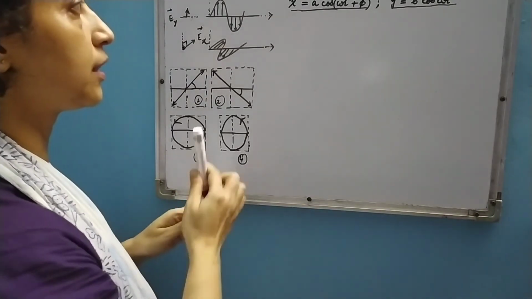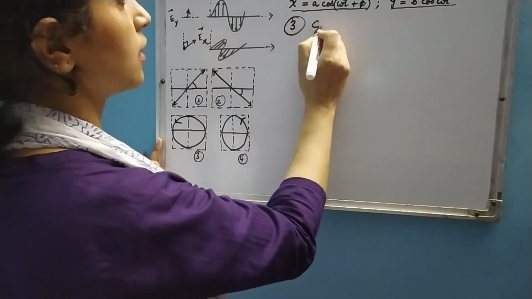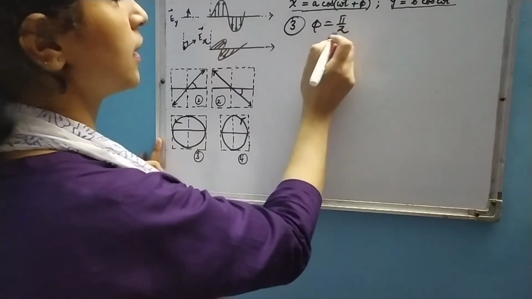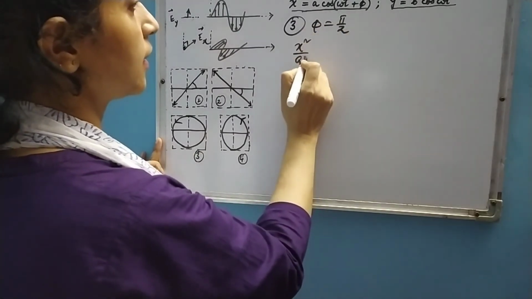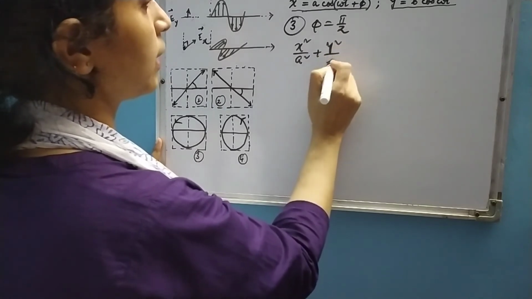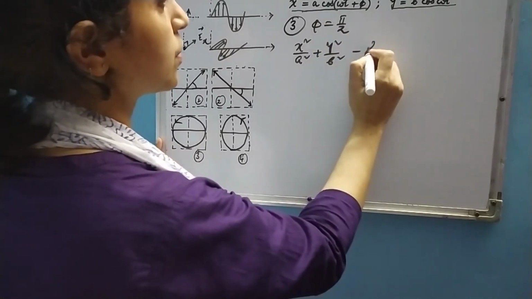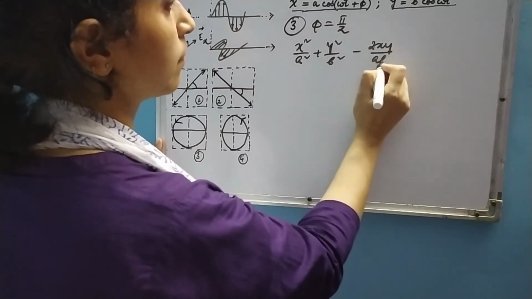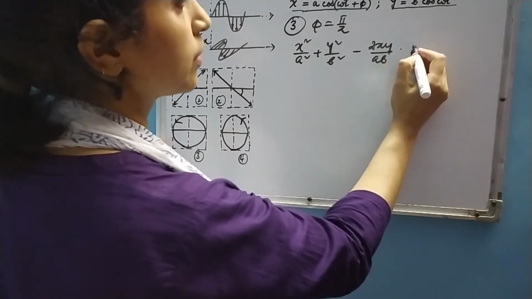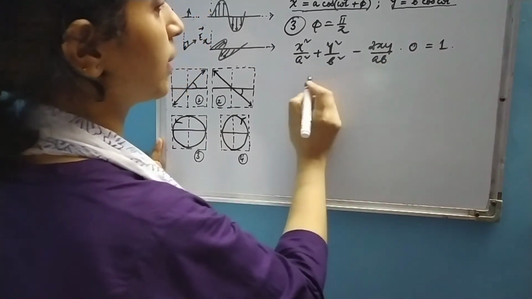Now let us come to the third case, when the phase difference is 90 degrees. When the phase difference is 90 degrees, then equation 1 will reduce to this form, since cos of pi by 2 is 0 and sin of pi by 2 is 1.